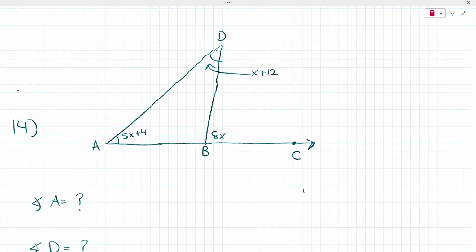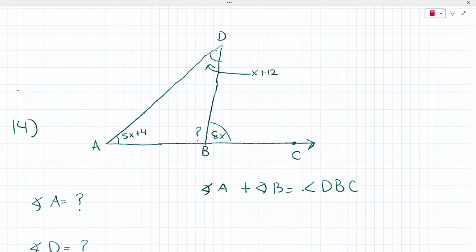Okay, so what do we know? I don't know what x is. I don't know what this angle is, but I do know that angle A plus angle B is equal to angle DBC. That's what I do know. DBC. What rule is this?